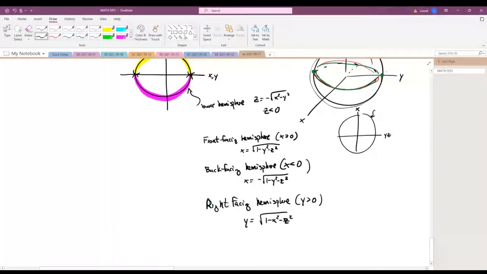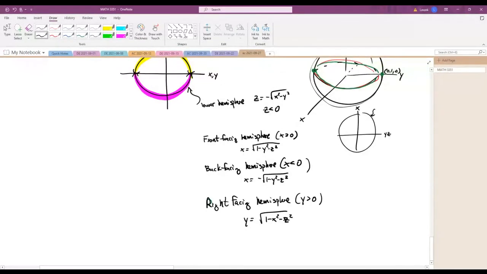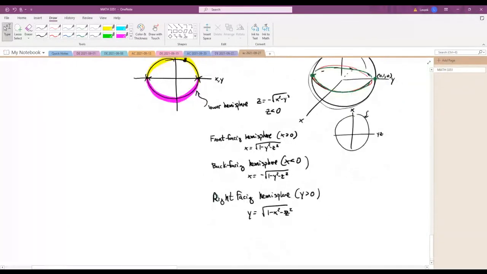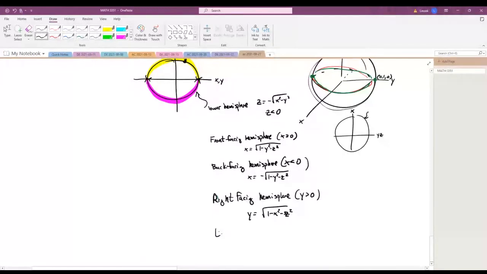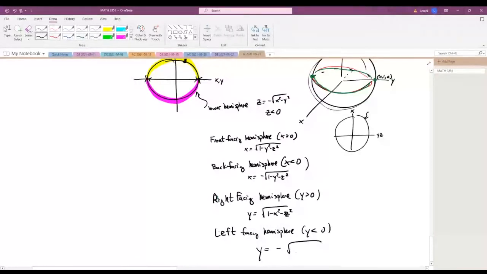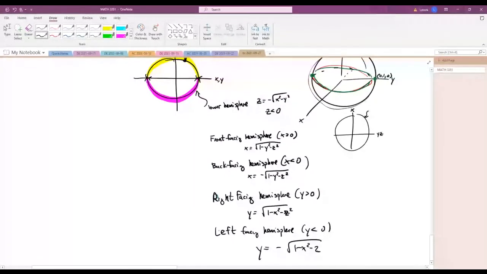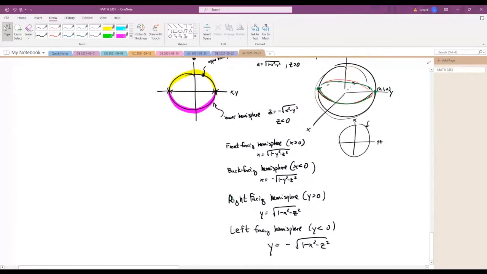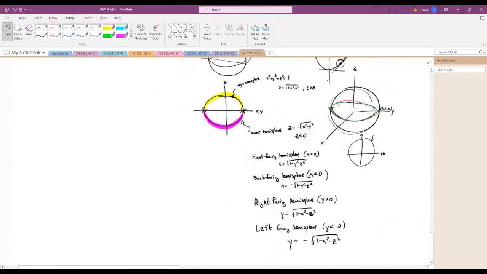So that will cover this point here, 0, 1, 0. And so on in the left-facing hemisphere, you can cover with a patch. So y is negative. Okay. And so you need 6 patches, at least using this idea.